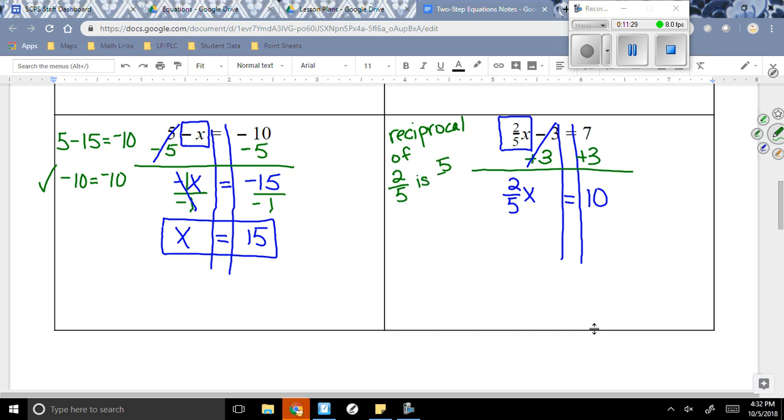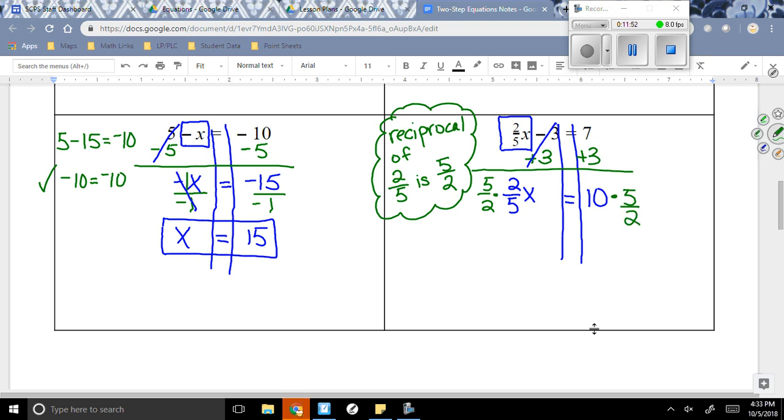So the 5 is going to be in the numerator, the 2 is going to be in the denominator. So I'm going to multiply that 2/5 x by 5/2. And I'm going to do the exact same thing on the other side.